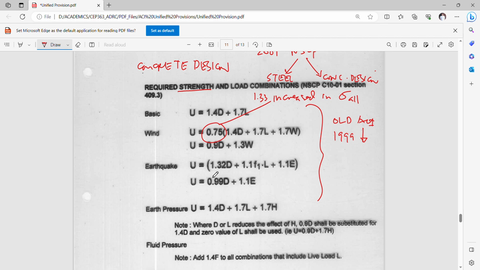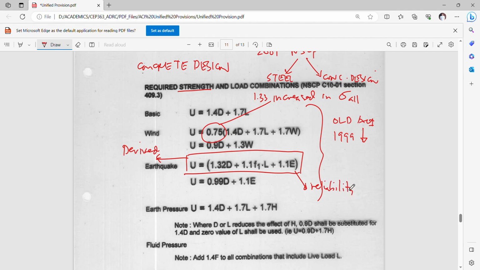I will be explaining this to you and deriving it in a separate video, because I have to explain the effect of the reliability factor in this.